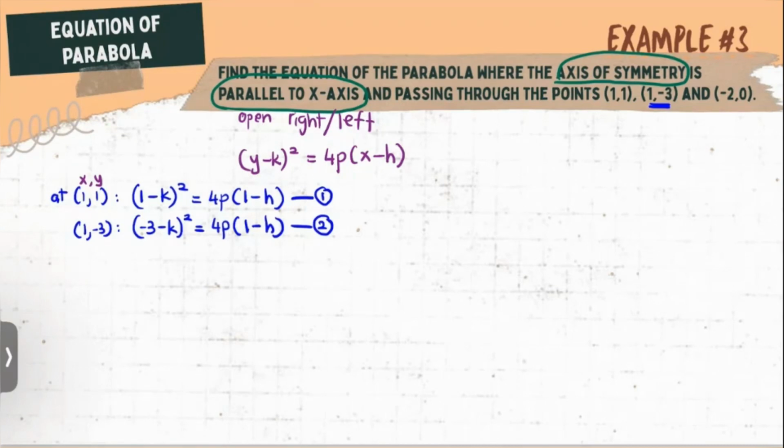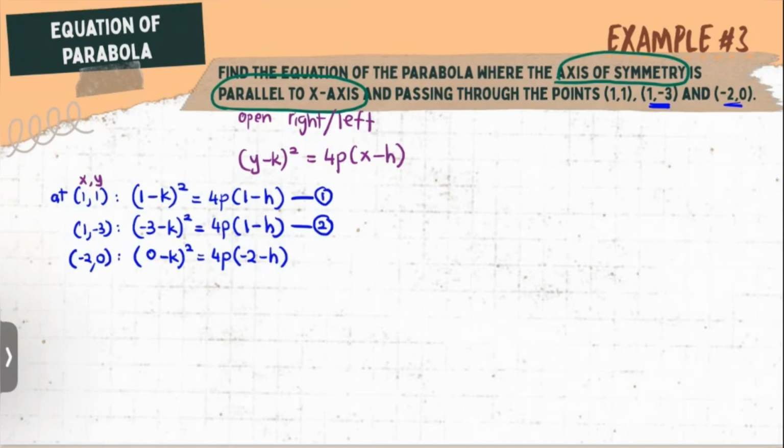Now substitute the third coordinates, (-2, 0). Here I have (0 - k)^2 = 4p(-2 - h). This will be my third equation.